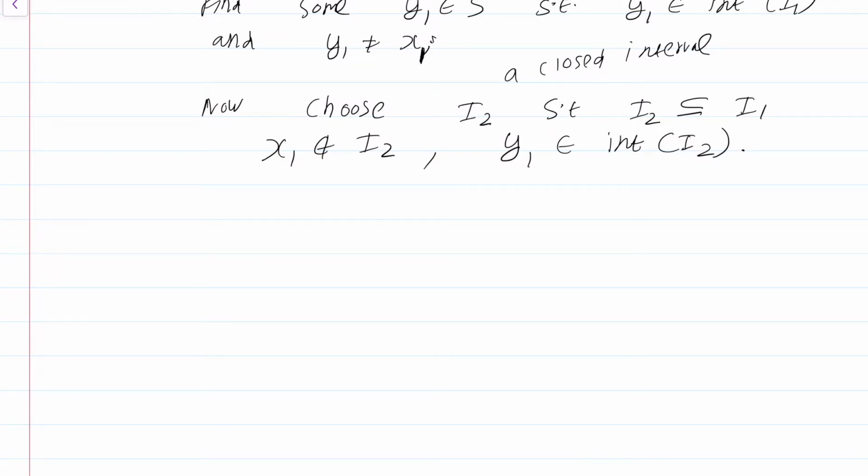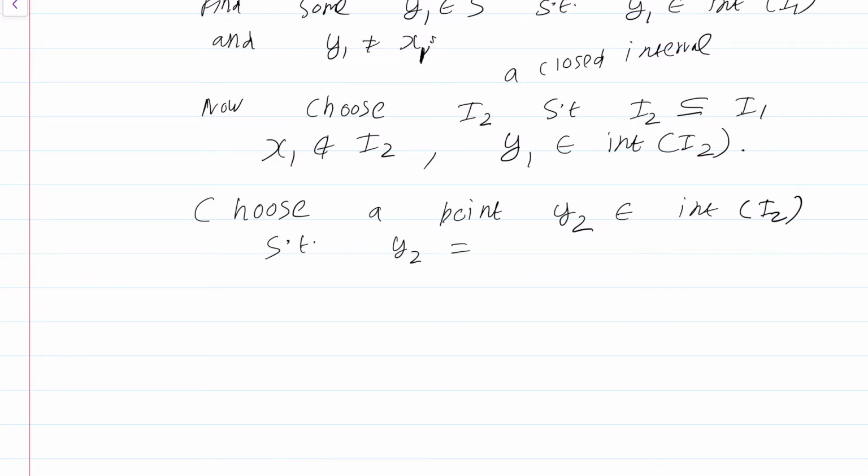Now what we do is the following. Choose a point y2 which is in the interior of I2 such that y2 is not equal to x2. Why does such a point exist?